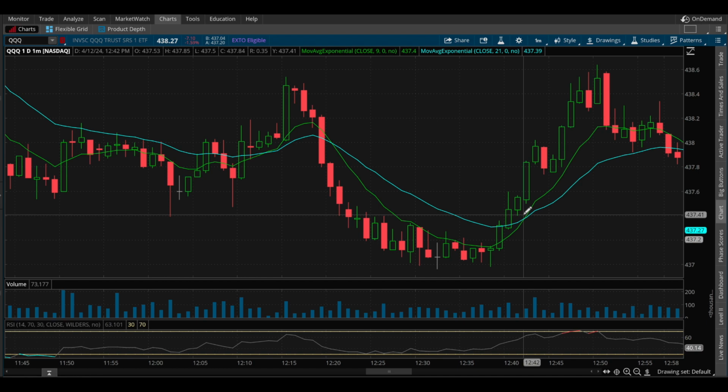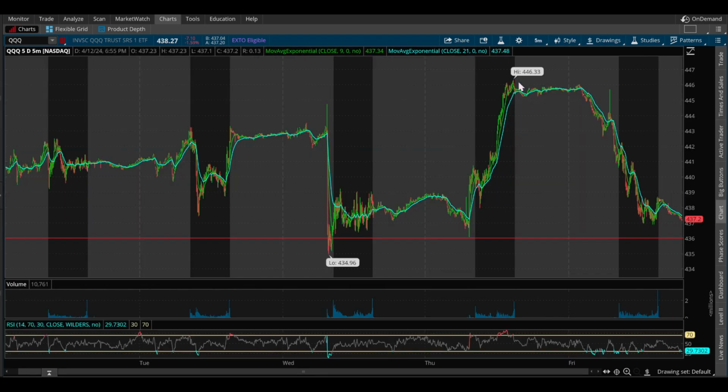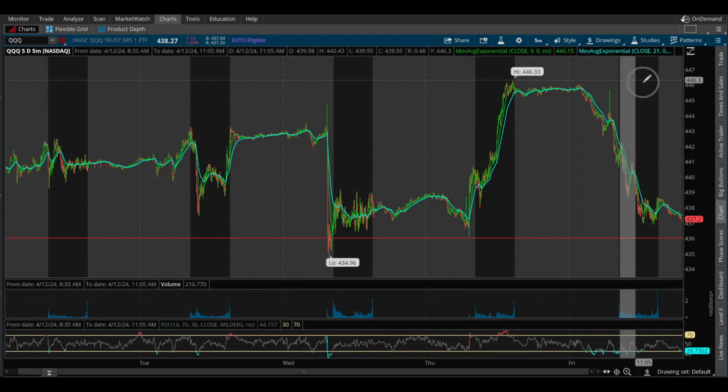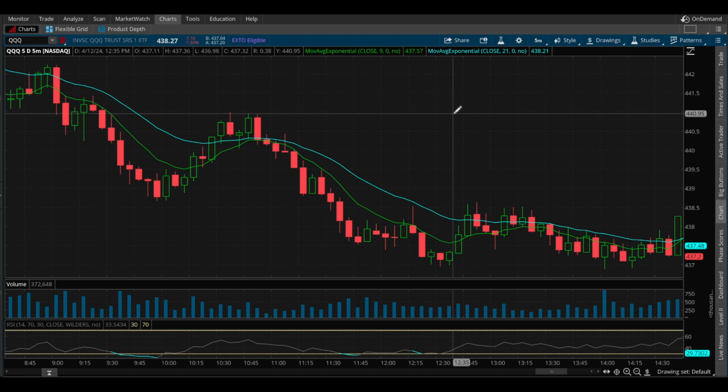Now, I also want to show you guys this on the 5-minute chart, because it's good to see it on different time frames. So you guys can see here, 12:30 mark, 12:40 mark, 12:50 mark.